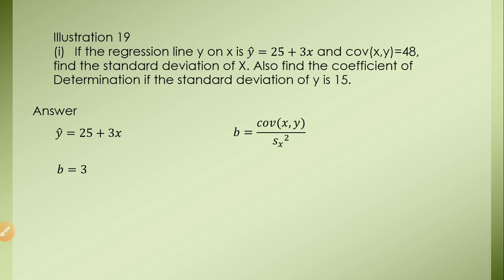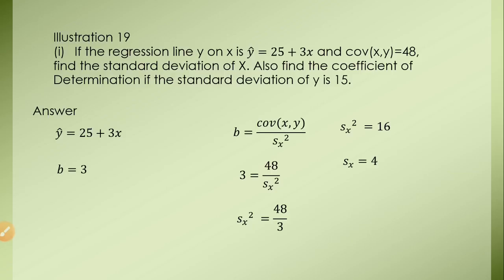So you can see in the question b is given and covariance xy is given. So you just put the values in place of b and covariance xy. Now we'll solve the sum. We'll put sx square on the left-hand side top and bring 3 to the right bottom. So sx square is 16, and as we take the root, sx will be 4.